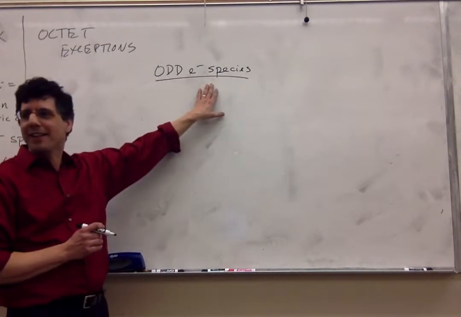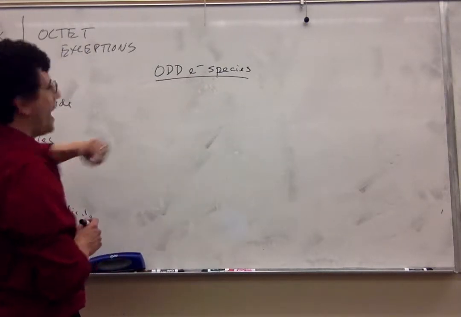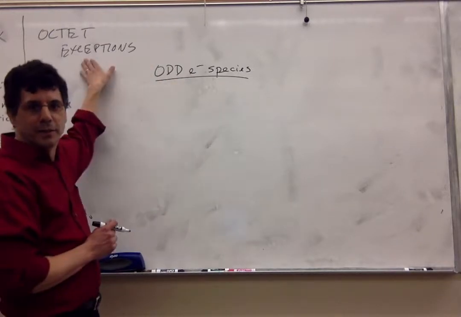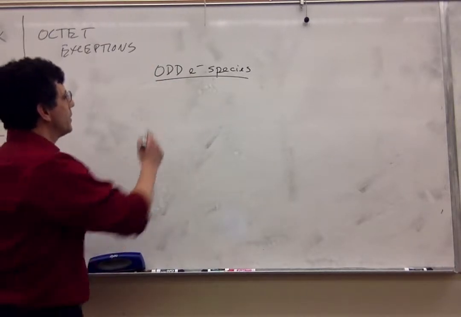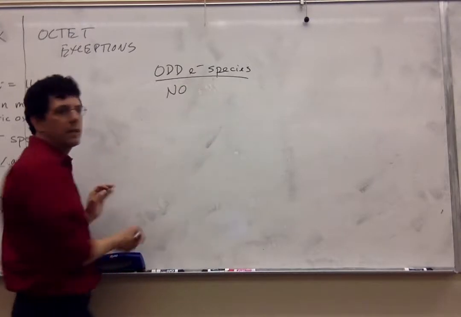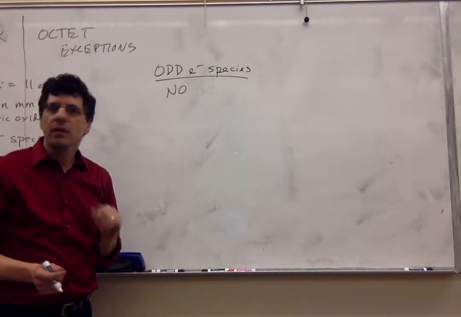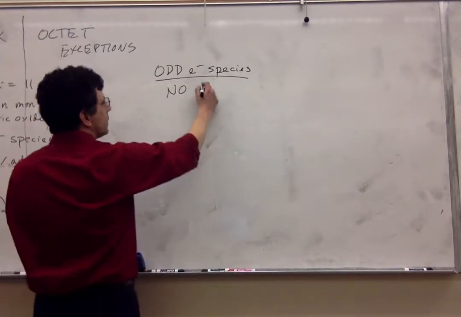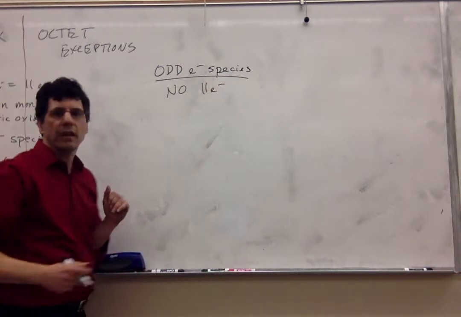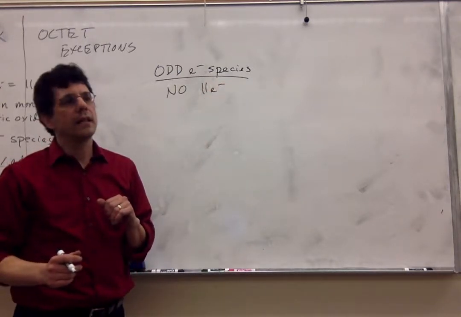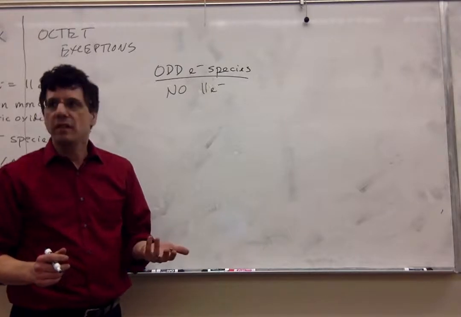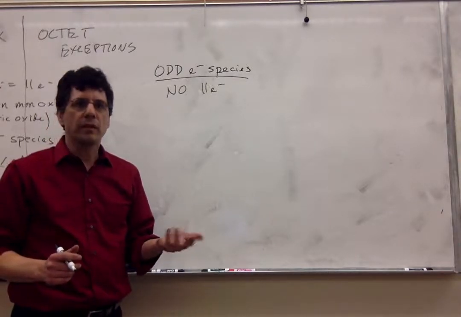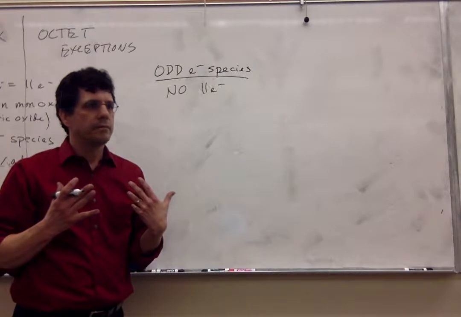We've been talking about odd electron species, octet exceptions up there. And we looked at something like nitric oxide, which is an odd electron species, only 11 valence electrons. And that exists, and you probably have smelt it coming out of a car exhaust.